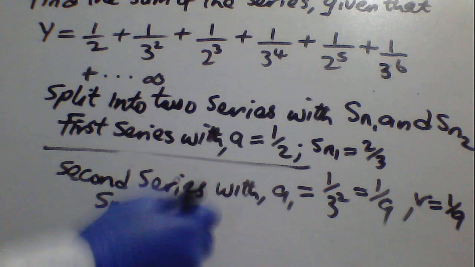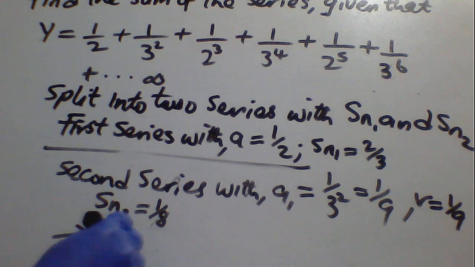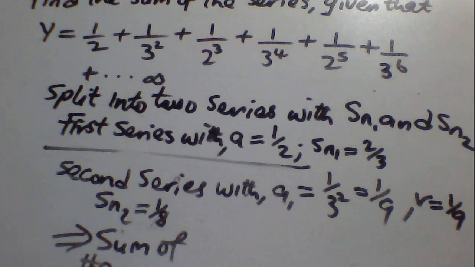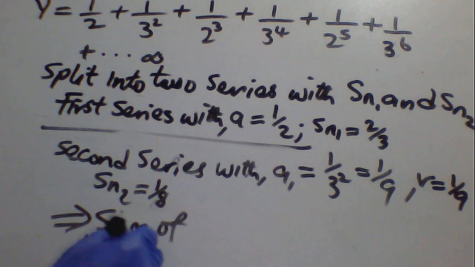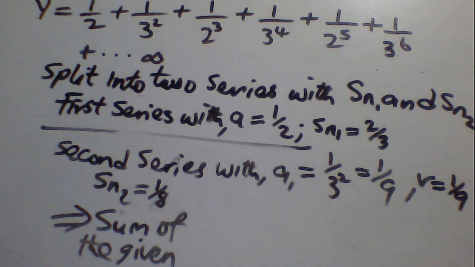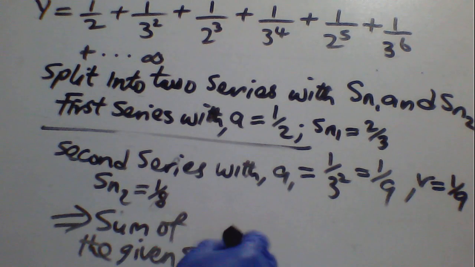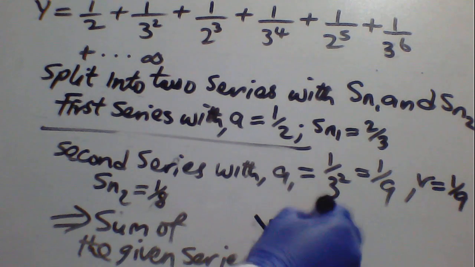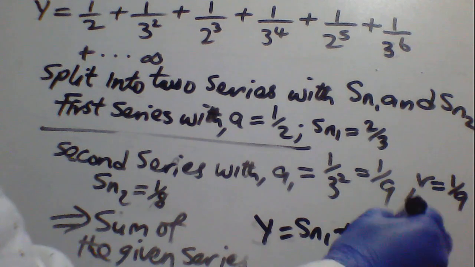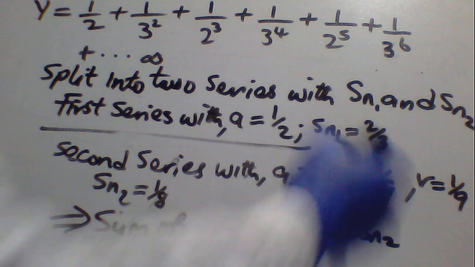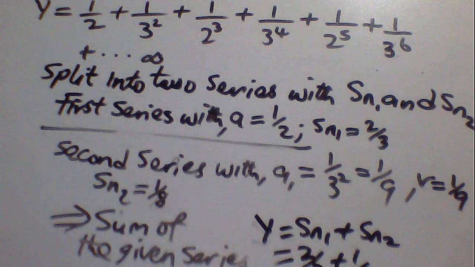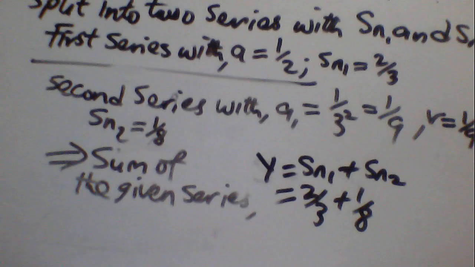So in this case, the sum of the given series, y, is equal to Sn1 plus Sn2, and that gives us 2 over 3 plus 1 over 8.